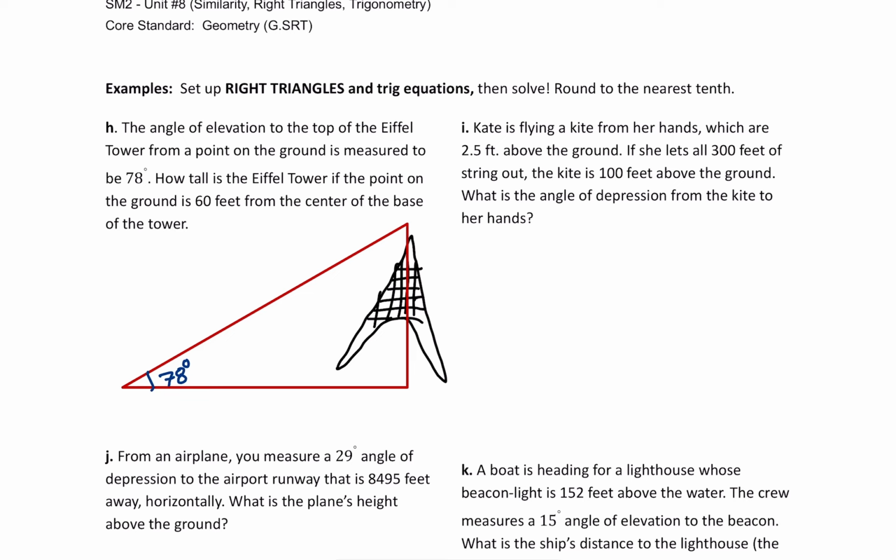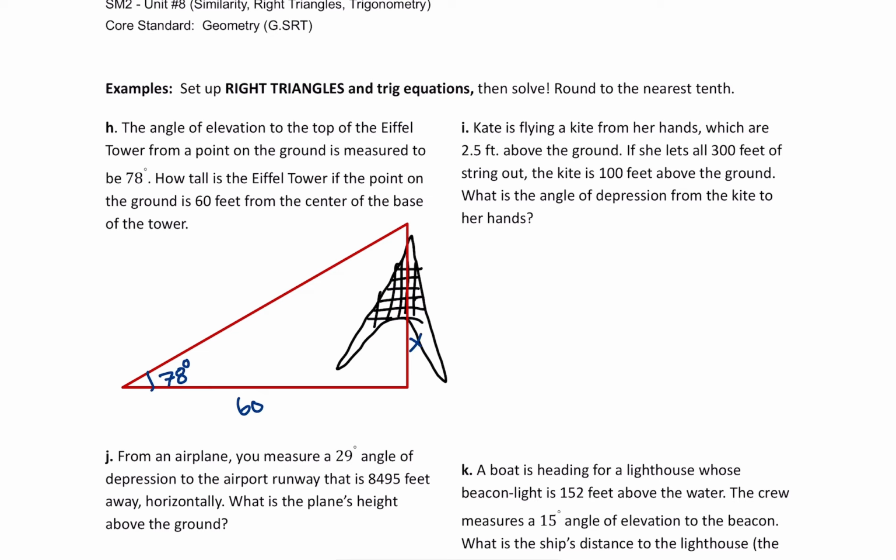It also says that the ground that we are standing on is 60 feet from the center of the base. So from where we're standing to the center of the Eiffel Tower is 60 feet. And we want to know how tall the Eiffel Tower is. So we want to know this side length right here. So that's our x that we're solving for.